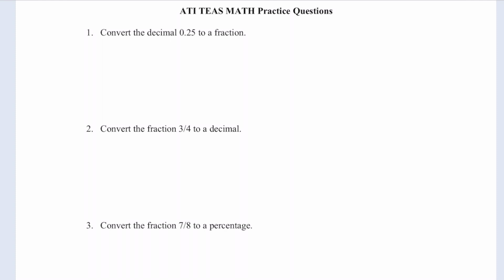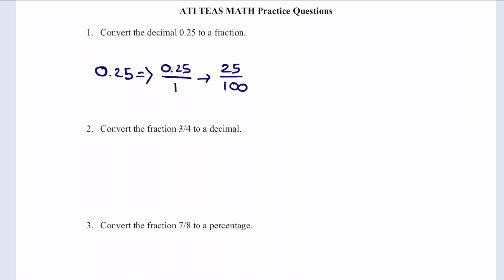So the first question, convert the decimal 0.25 to a fraction. So what we have to do first is make 0.25 into a fraction. So 0.25 can either go into a fraction as 0.25 over 1 or 25 over 100, which is probably the easier way to look at it.